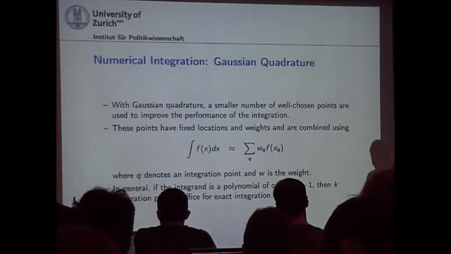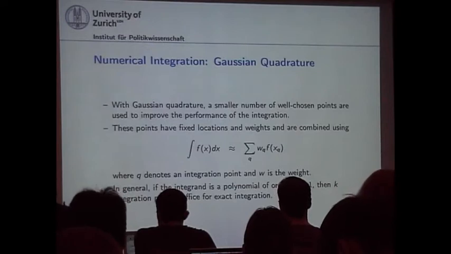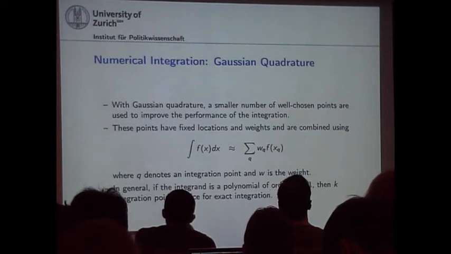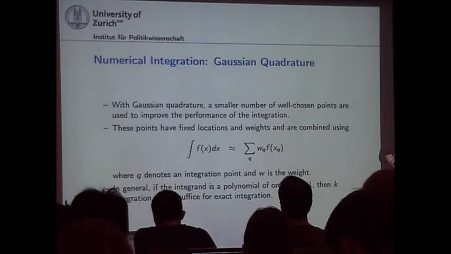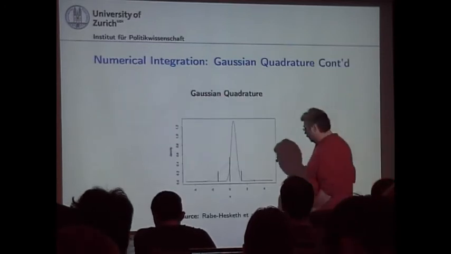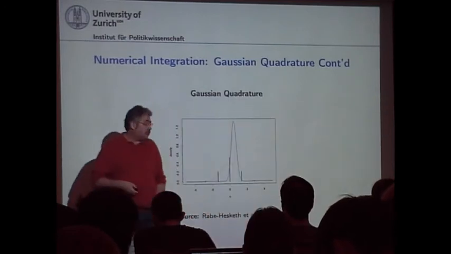So say what you're interested in is a cubic function. So k is 2. So 2 times k minus 1 is 3. You have a polynomial of order 3. Then you only need 2 integration points to get the area right. And this is what that looks like with 5 integration points.